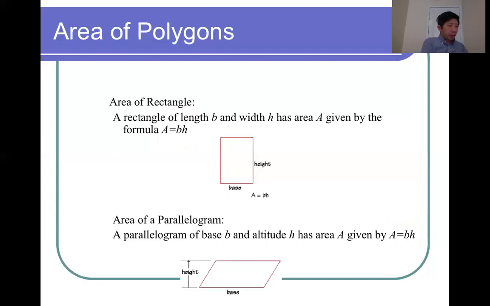So I want you to take a look at the parallelogram. If I draw a line like this and I make a triangle, so now I shade in this area. This is a triangle, right? Now, if I take this and move it over here, what do you think I make?